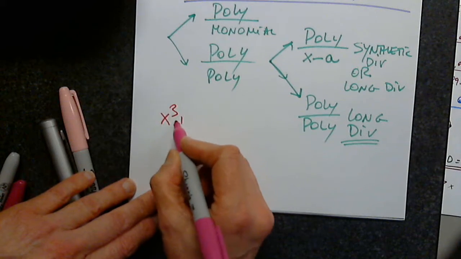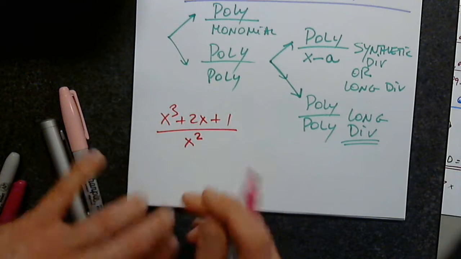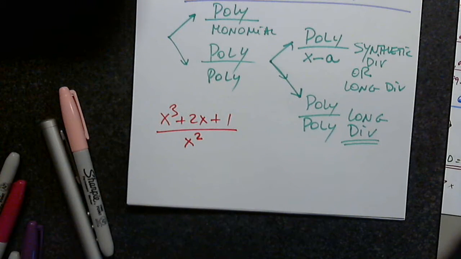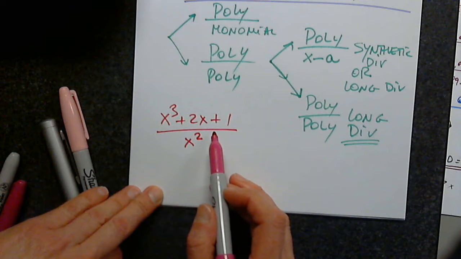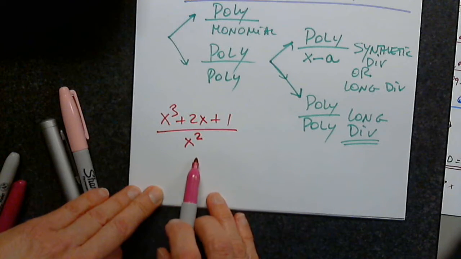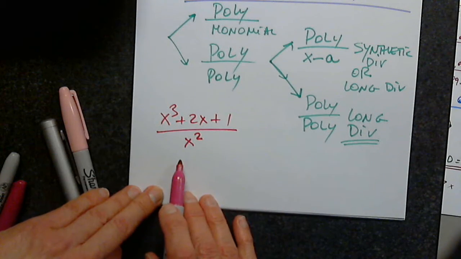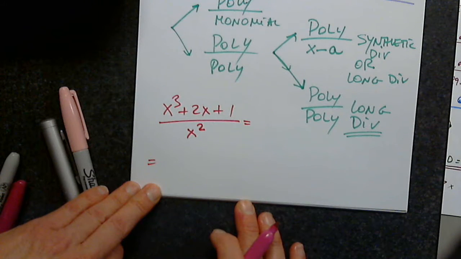Okay, so I'm going to give an example from the first one. Let's say x cubed plus 2x plus 1 divided by x squared. Is this a polynomial at the top? Is it in descending order? Is this just one term in the denominator, one monomial? Okay, the only possibility here is to split the fraction.